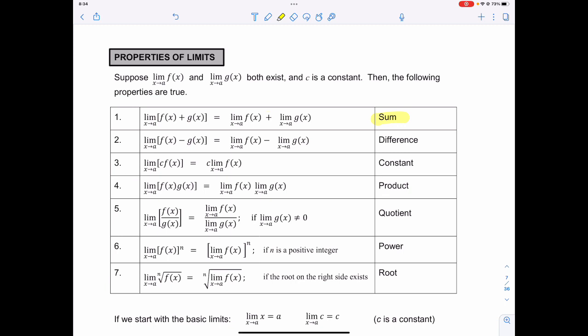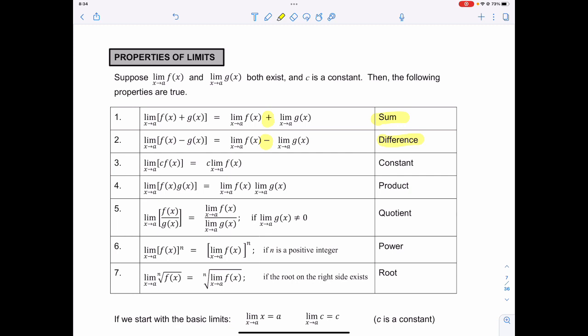The limit as x approaches a of f of x minus g of x has to be the same as the difference between the two limits: the limit as x approaches a of f of x minus the limit as x approaches a of g of x. This difference still has to be the same.